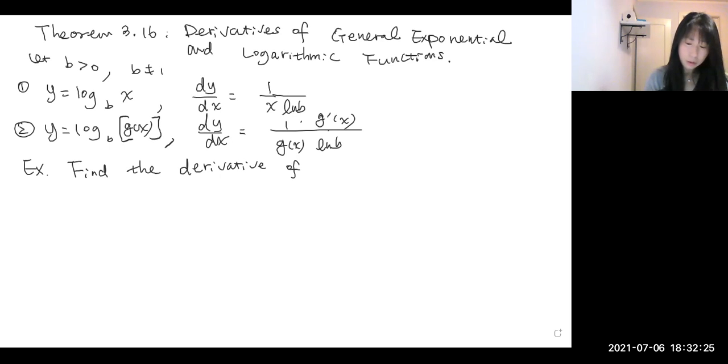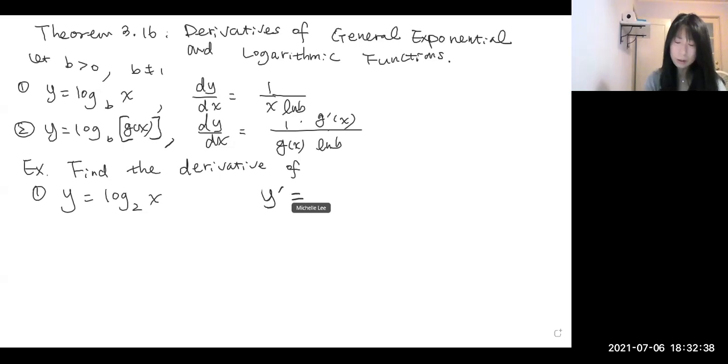So let us do this one. Find the derivative of the first one, y equals log base b of x, y prime, what do you get? So let us just use the formula, 1 over x, right?